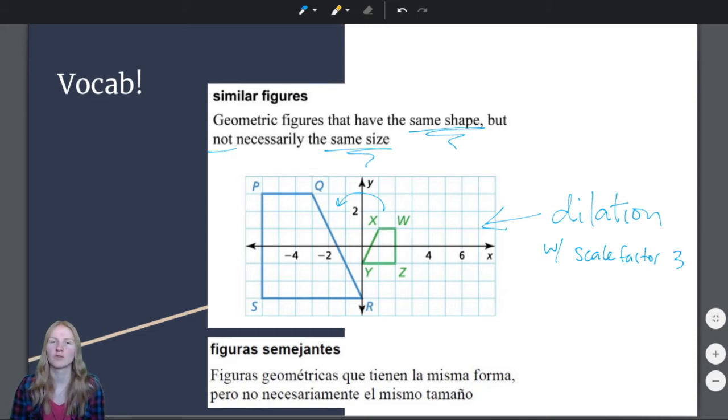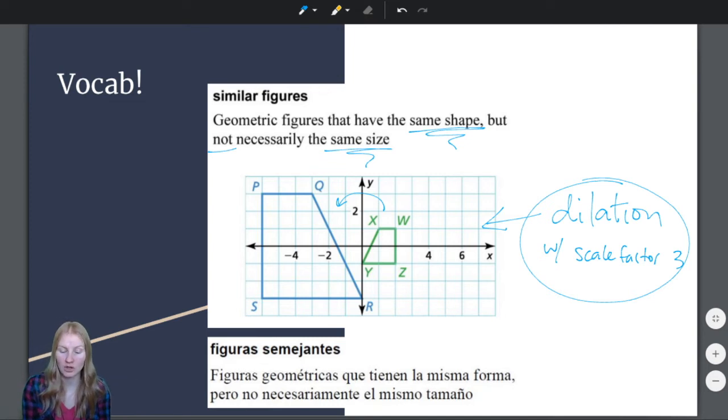If you'd like to review any information on dilations, link in the description to section 4.5. You can watch that video. So, similar figures are just figures that have been dilated by some scale factor. Any two figures that are similar can be mapped to one another with a dilation.